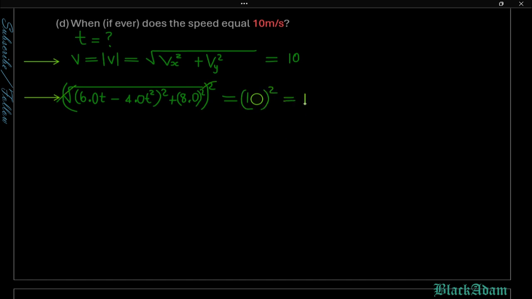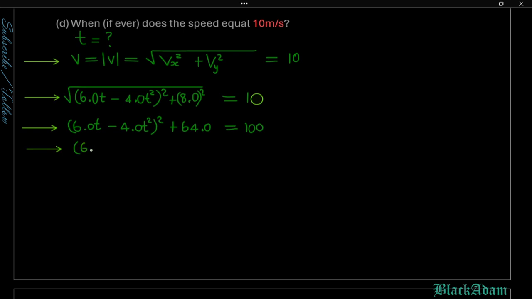The root cancels out, so that's going to give us 100. Then we have 6.0t minus 4.0t squared, all squared, plus 8 squared, which is 64, equals 100, since we squared both sides.